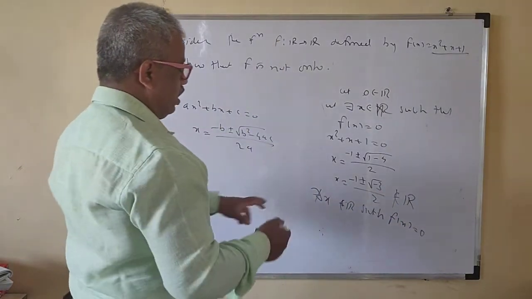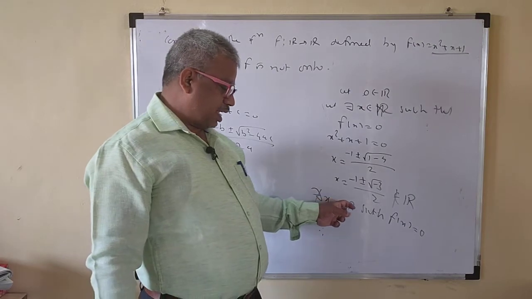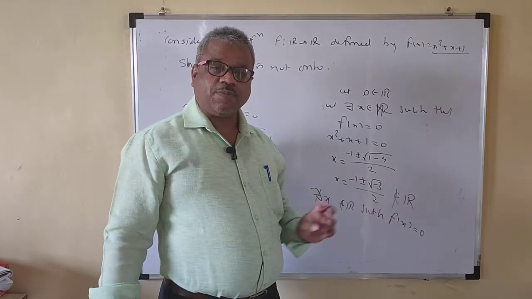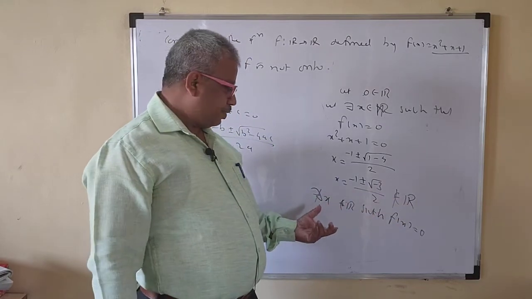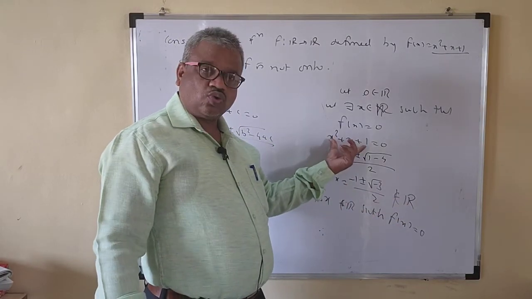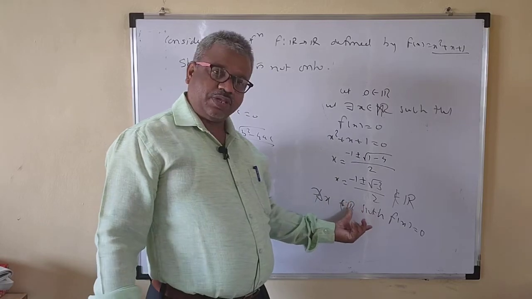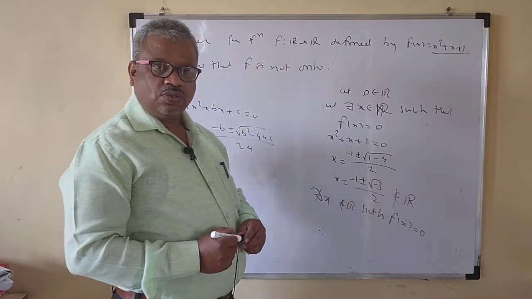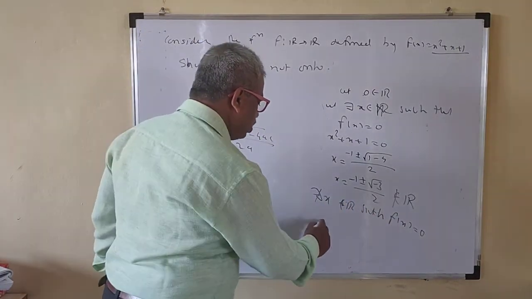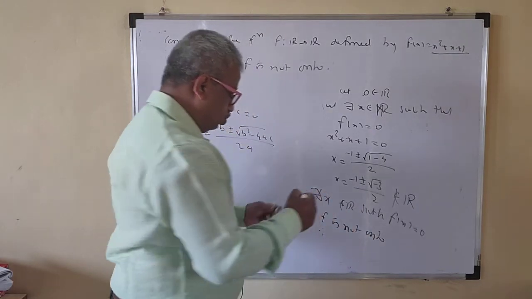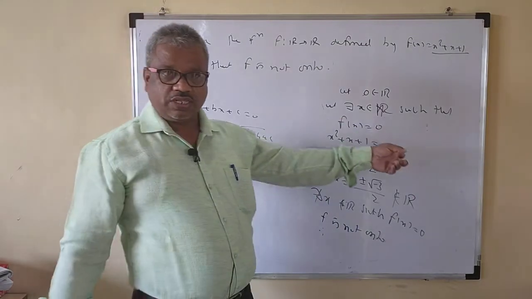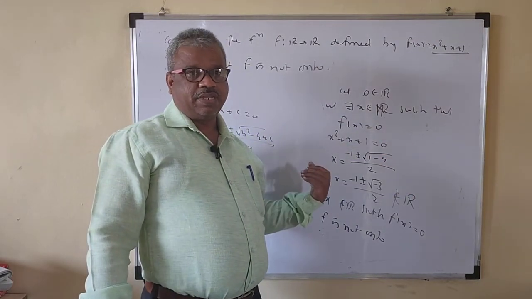So therefore, see here what we have written: there does not exist any x belonging to R such that f of x is equal to 0, because this is complex. This has no roots. So that means f is not onto, because 0 is in the codomain which has no pre-image.